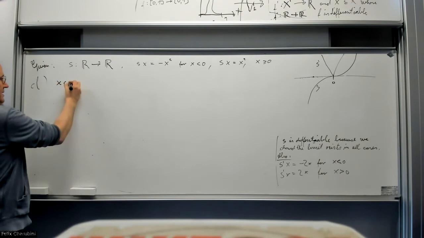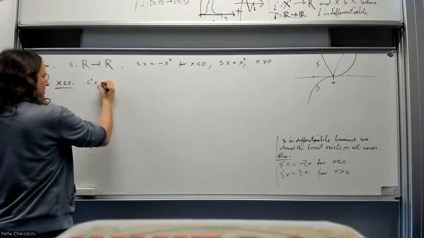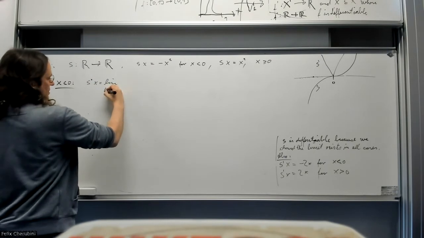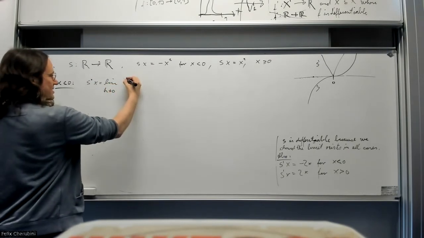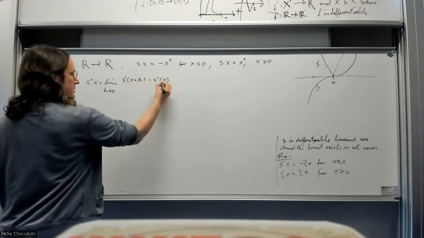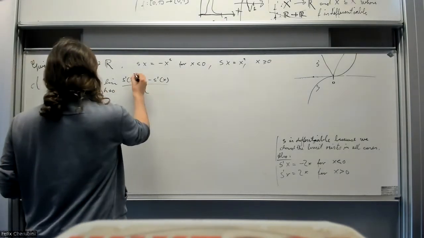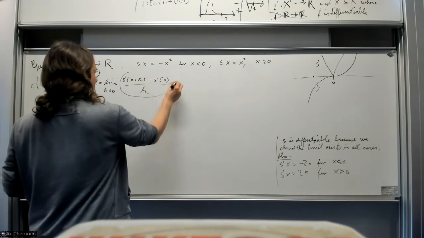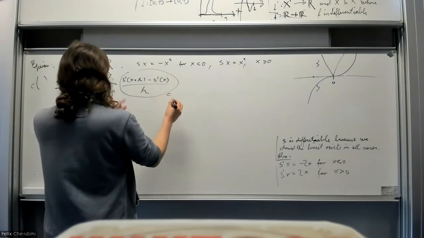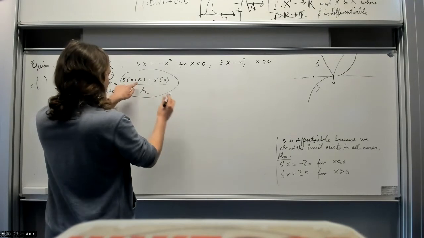So x smaller than 0, S double prime of x. We can just do the same calculation. Okay, so smaller than 0, same reasoning. Then plugging this in gives us minus 2x.